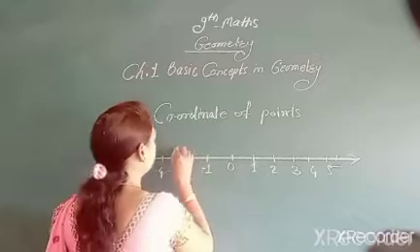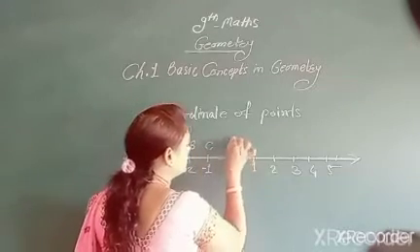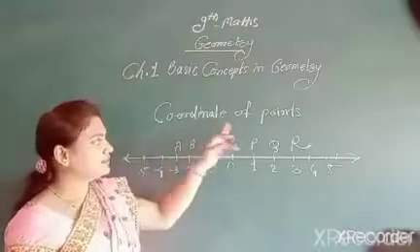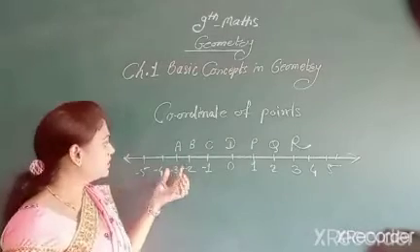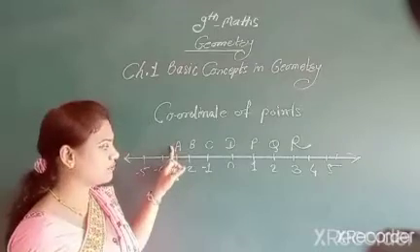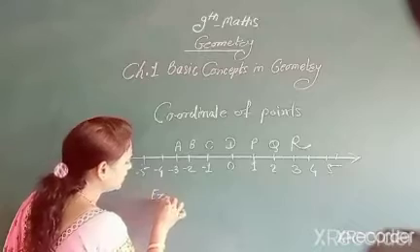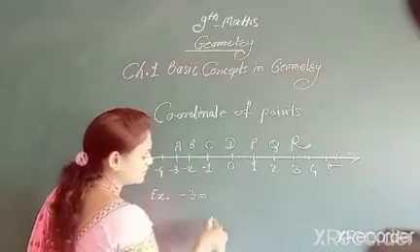Now here are points A, B, C, D, P, Q, R. The coordinate of a point means the number associated with a point on a number line.